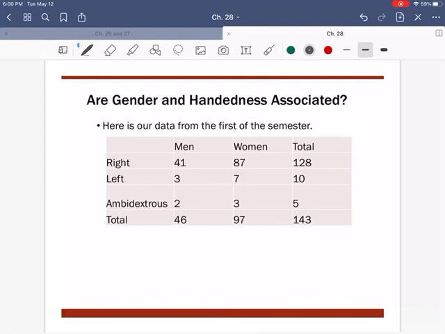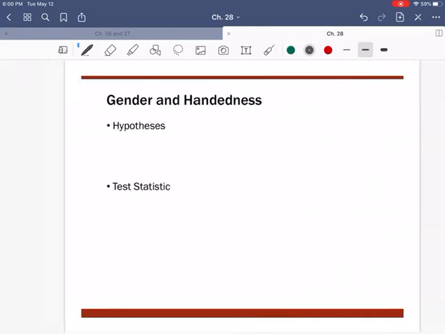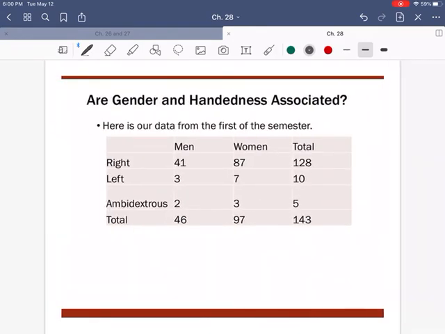Okay, gender and handedness. Handedness means are you left-handed or right-handed or ambidextrous? We want to know if these two are independent or dependent.